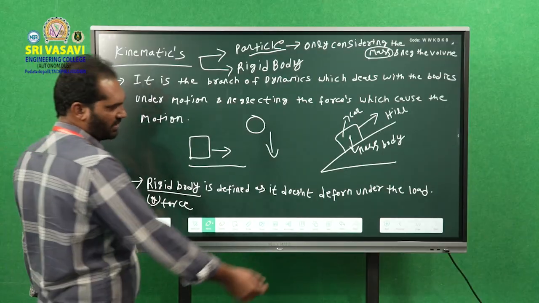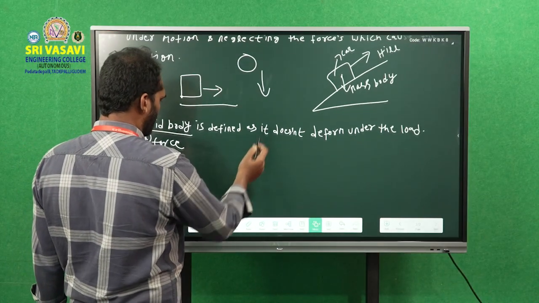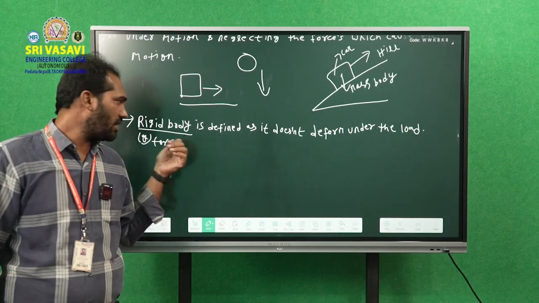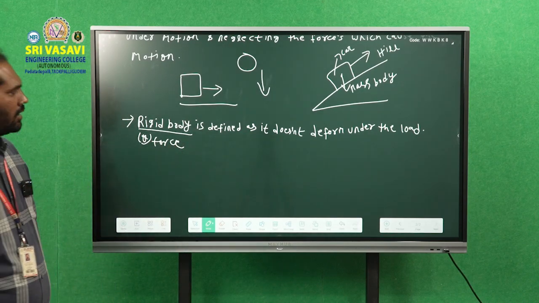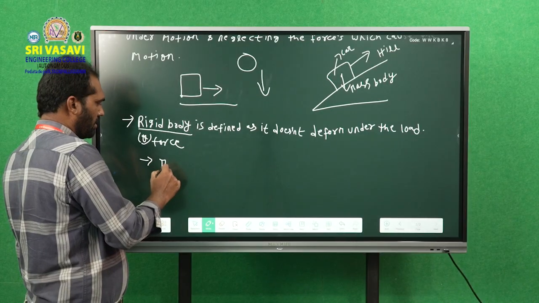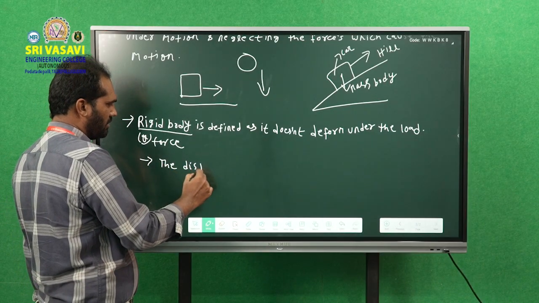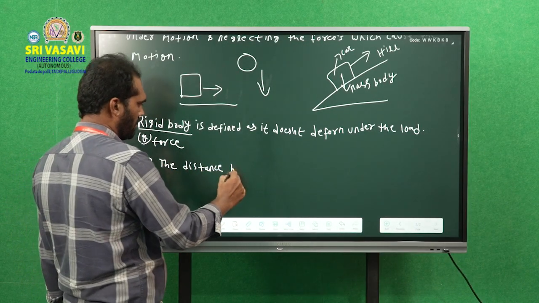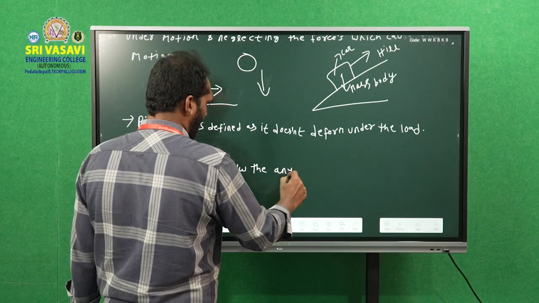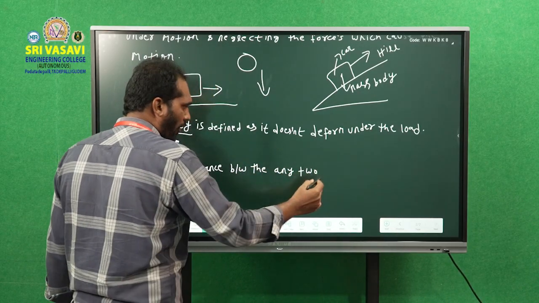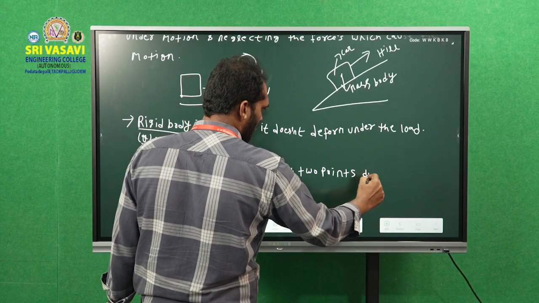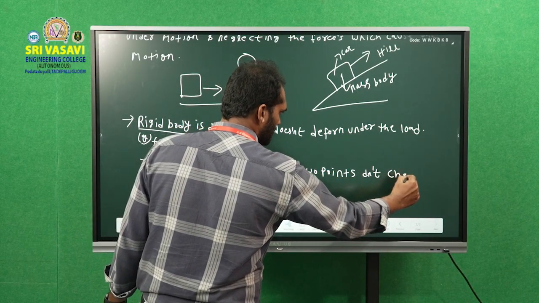Another definition we can give is that the distance between any two points doesn't change.